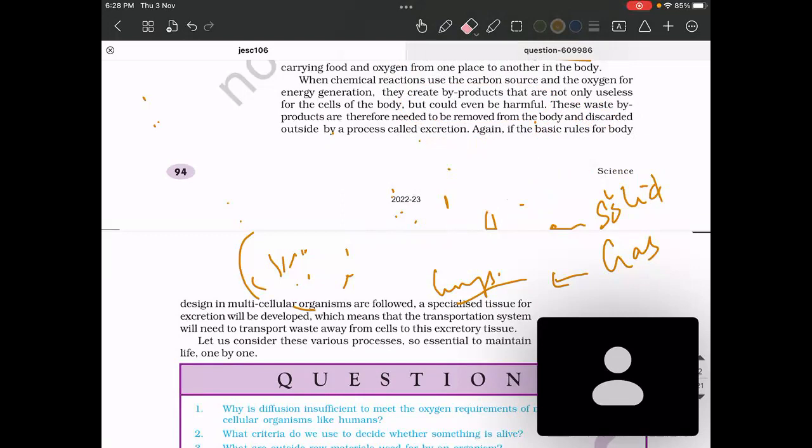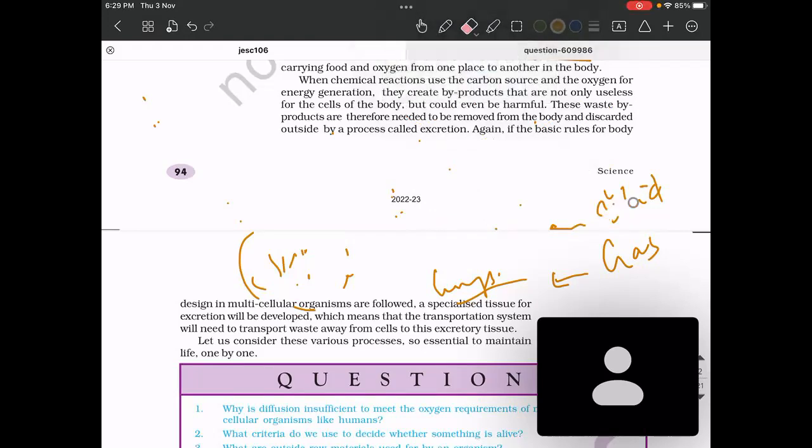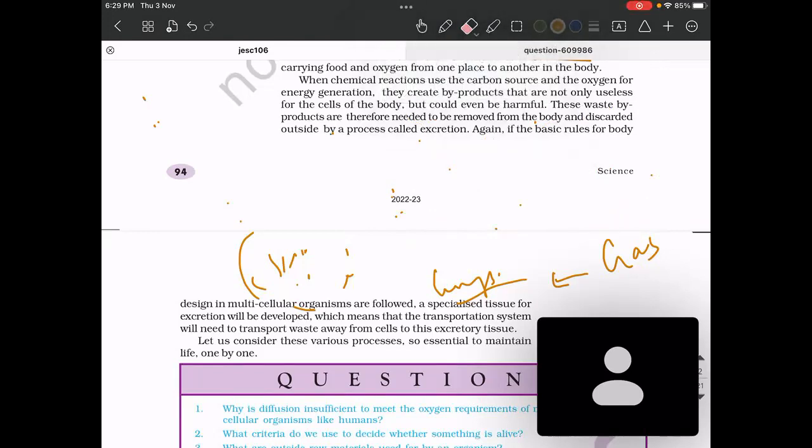Another important thing is, as we know, the kidney is the organ which removes water soluble wastes. But what happens to water insoluble substances? They are converted into water soluble substances by the liver.